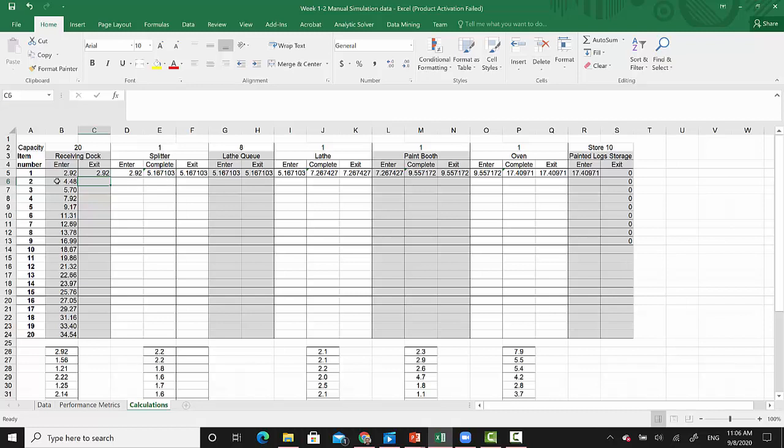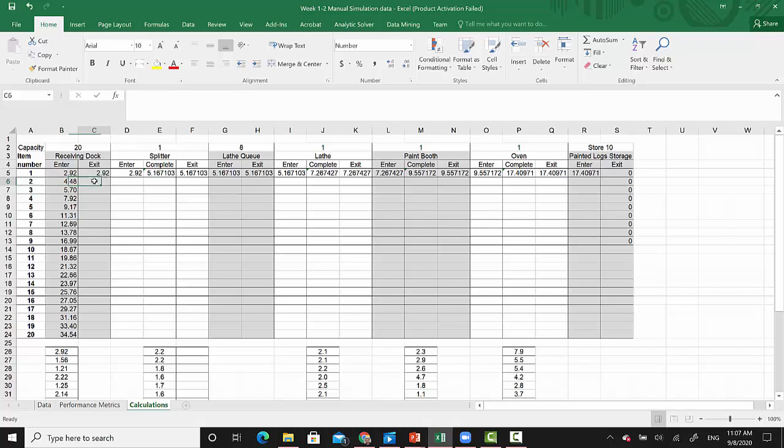You see, the second item arrived at the receiving dock at 4.48 minutes. However, the splitter is occupied all the way to 5.17 minutes. So that means the second item has to wait at this receiving dock for about half a minute before it can enter into the splitter, when the first item exits.